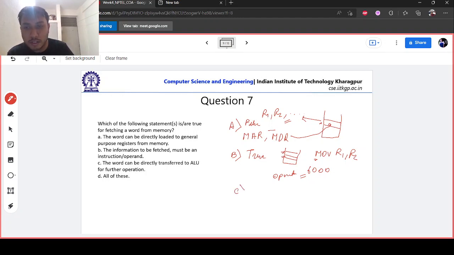Option C, the word can be directly transferred to ALU for further operation. Again, it is no. You have to go through these two registers, MAR and MDR, for any sort of operation, be it addition, subtraction, anything. So this is also false.